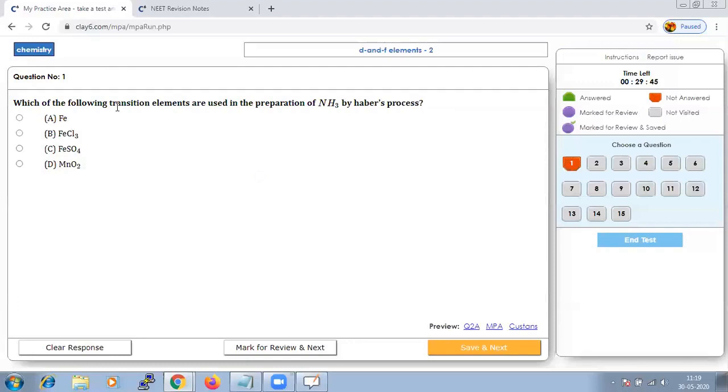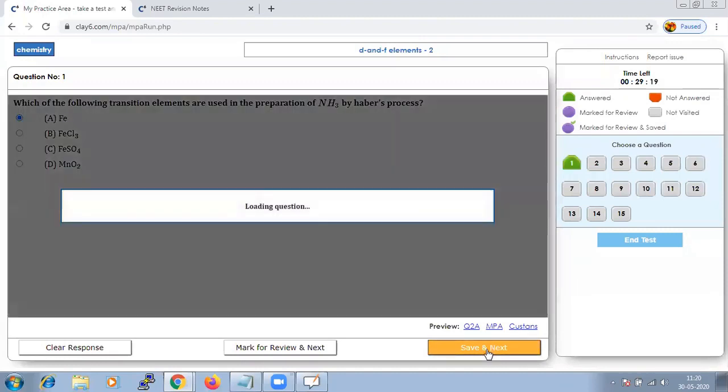The Haber process is the industrial implementation of the reaction of nitrogen gas and hydrogen gas to produce ammonia, and iron is used to increase the rate of reaction and to lower the temperature at which the reaction takes place. So iron is the catalyst. Let us save that and go to the next.